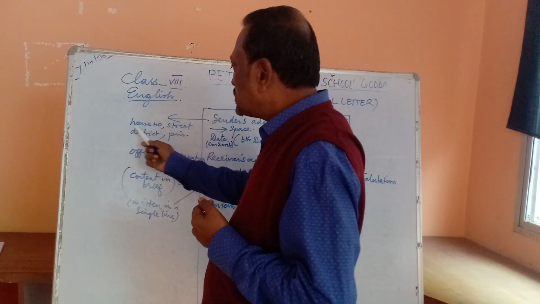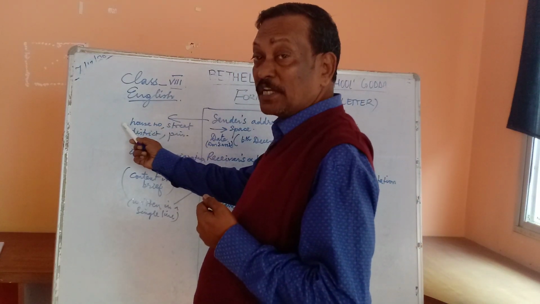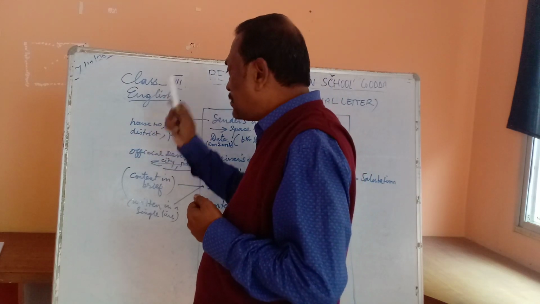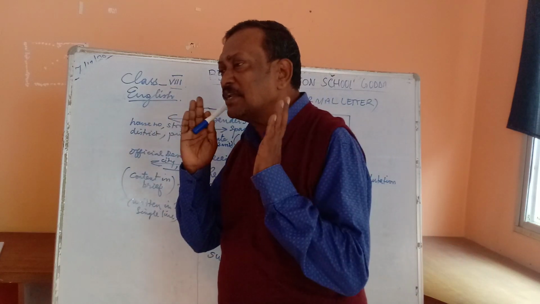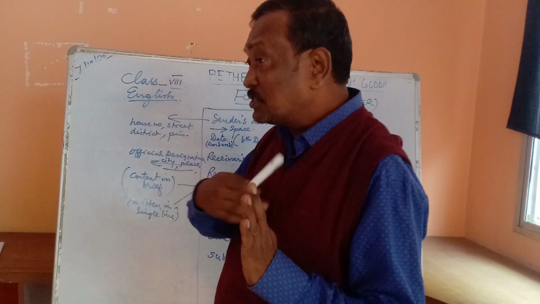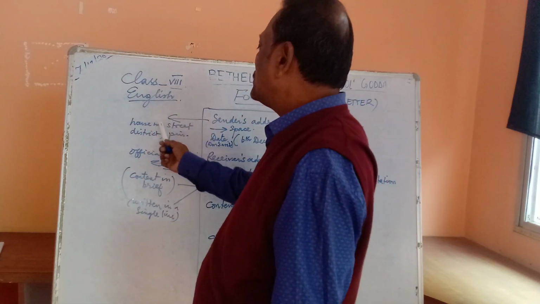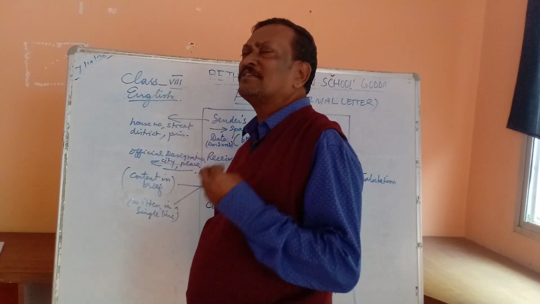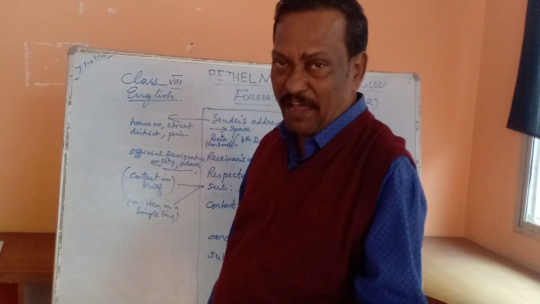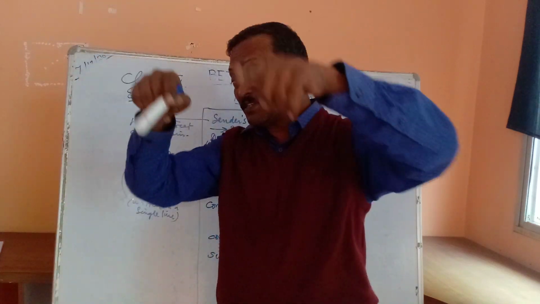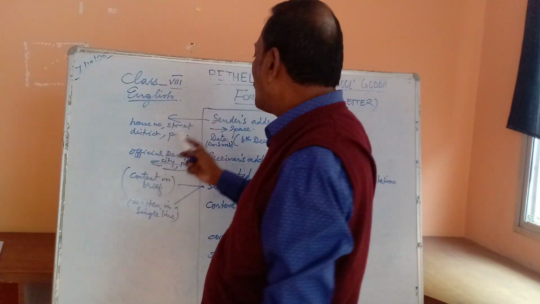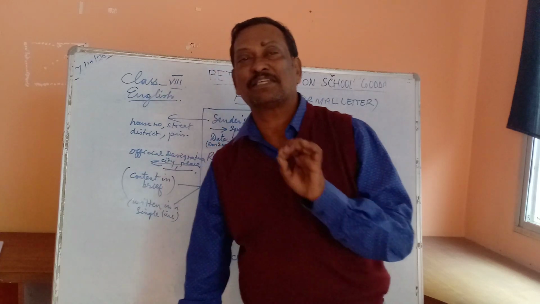So if your house has a number, then definitely you must mention the number of the house. And if you are residing in a locality whose street has a name, for example, you are residing in, let's say, Sarkanda. Sarkanda is the kind of locality. And if there is a street in Sarkanda, then obviously you have to mention the street's name.